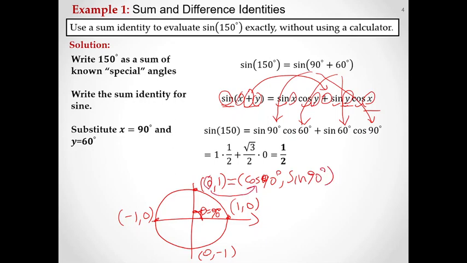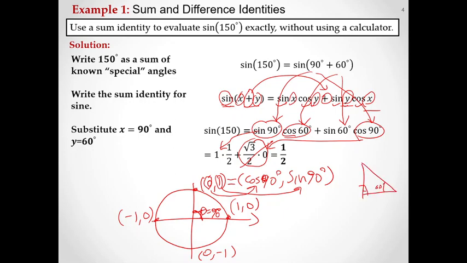So sine 90 is 1, and cosine 90 is 0. If there's 0, you don't need to calculate this. And cosine 60, by using this triangle here, is adjacent divided by hypotenuse. So it's 1/2. So we got 1/2.